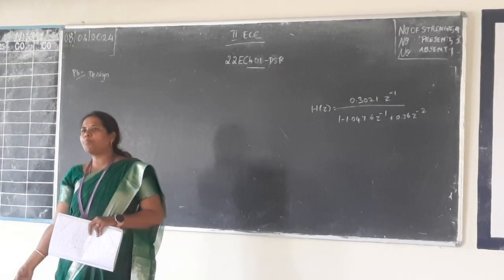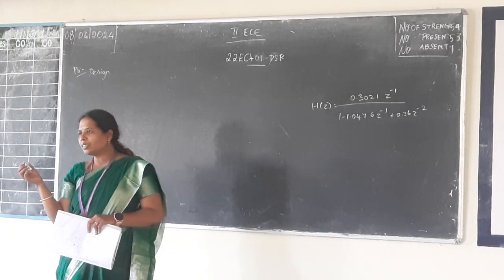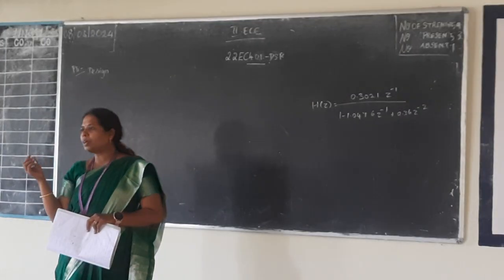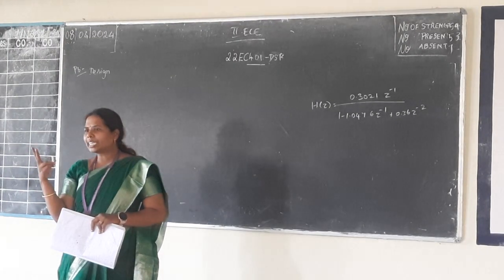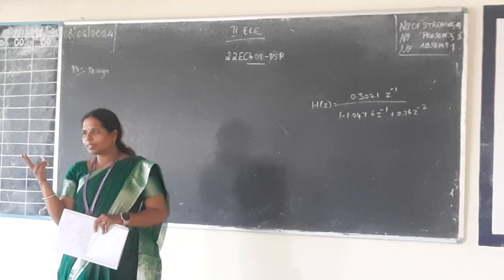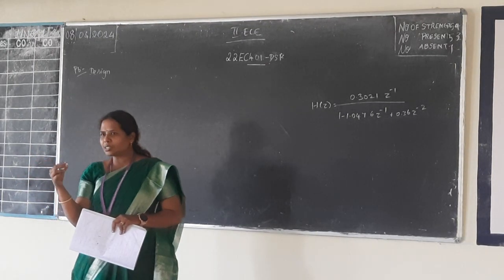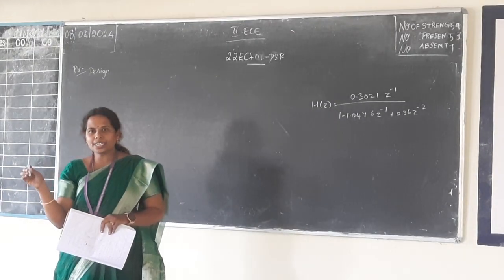Where have we studied prewarping? In bilinear transformation, we have studied prewarping, right? For prewarping, we have two equations to calculate omega p and omega s. So far we have done the Butterworth filter with the impulse invariance method.